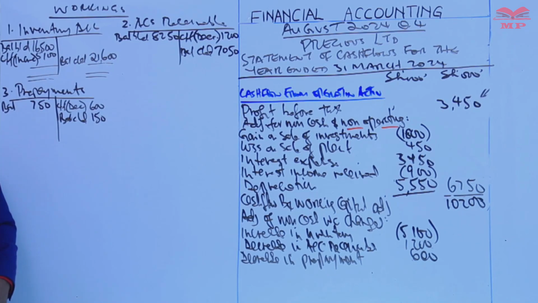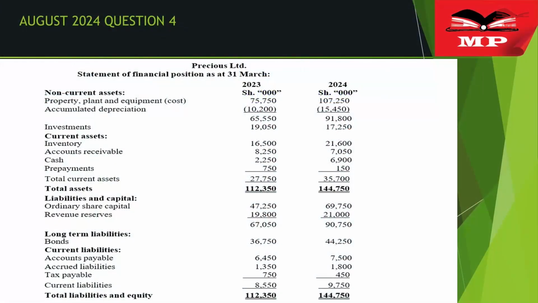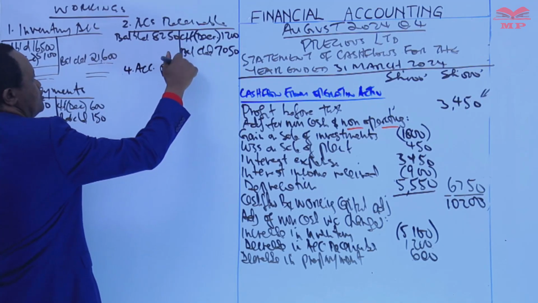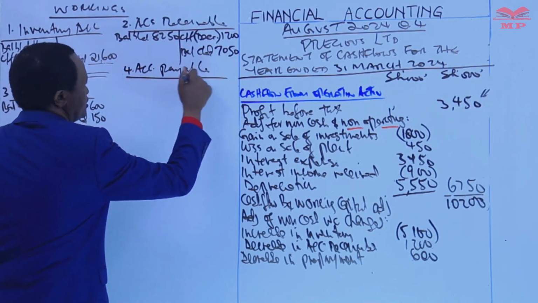The next working capital item is accounts payable. Give me the accounts payable, a current liability. Give me the next page, please, the current liabilities. Yes, we have the liabilities. Current accounts payable, we have working number 4. Accounts payable account.